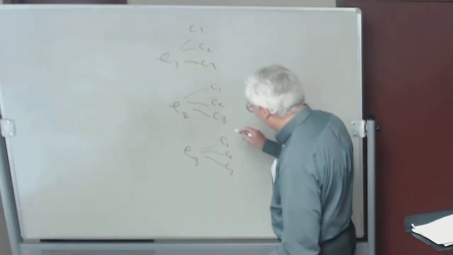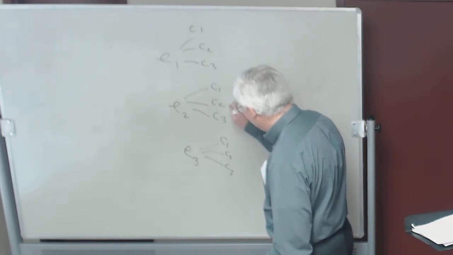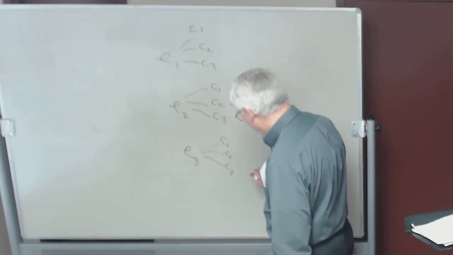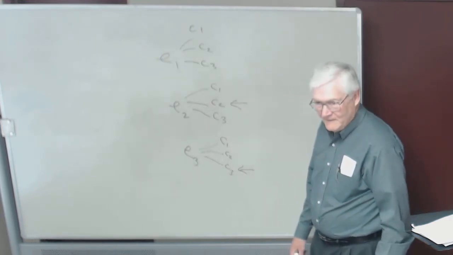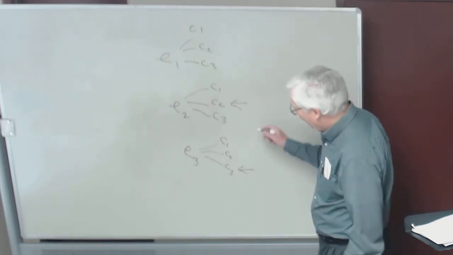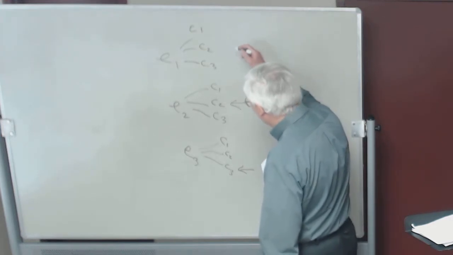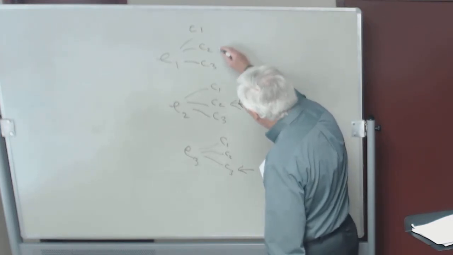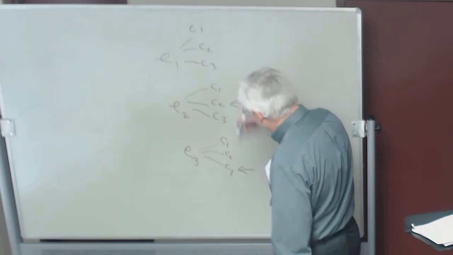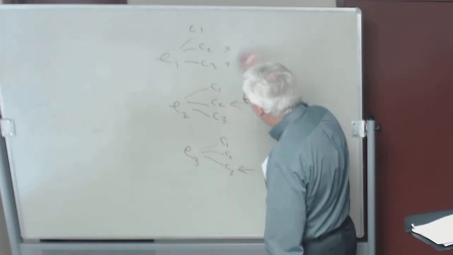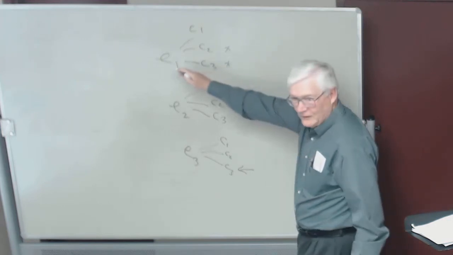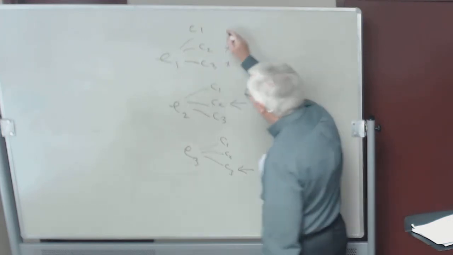So exactly 2, that would be this one and this one get their card, and this one doesn't. Well, if we've already used 2 and 3, which one do we have to use for this envelope? 1.